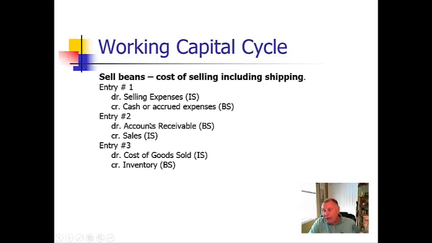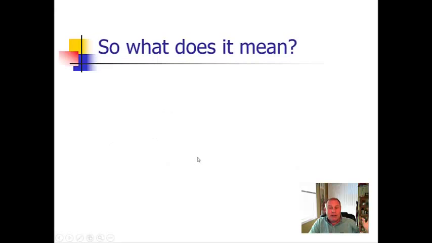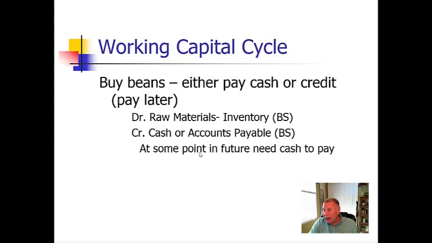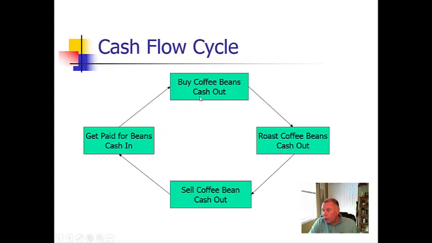Now, you haven't gotten paid. You can recognize the sale, but you still haven't gotten the cash. But now you're transferring inventory that was previously an asset into cost of goods sold. So what does it mean? The business and cash flow can be measured as to time and dollars. When we go back to this here, we can measure the time that it takes to go from here to here, from here to here, from here to here.